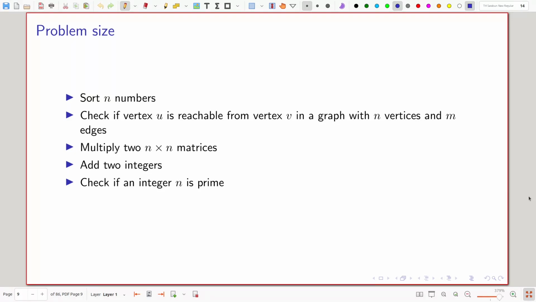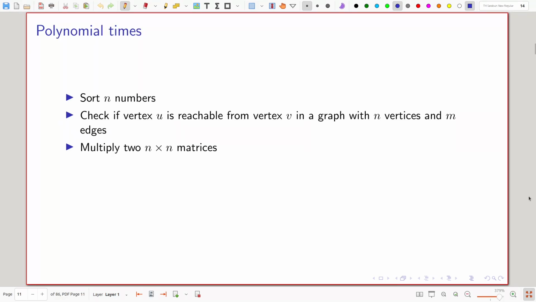Otherwise the algorithm would need to run in constant time. So the problem size will be the number of bits in the number, which is log of n. To find the GCD, the problem size is log of a plus log of b.